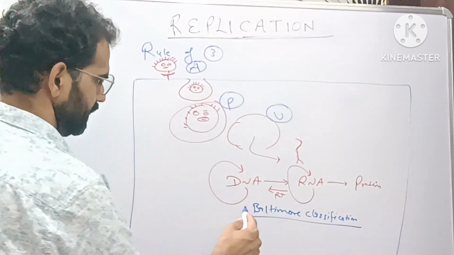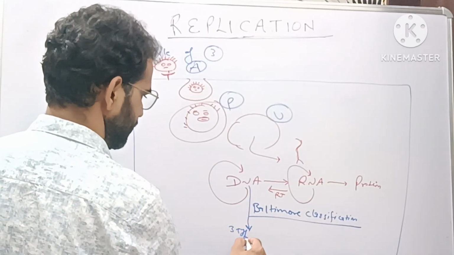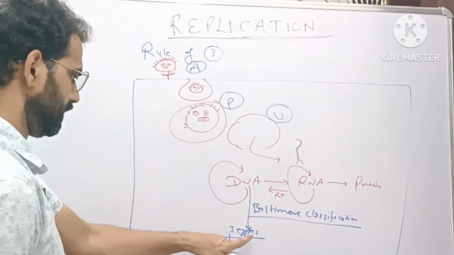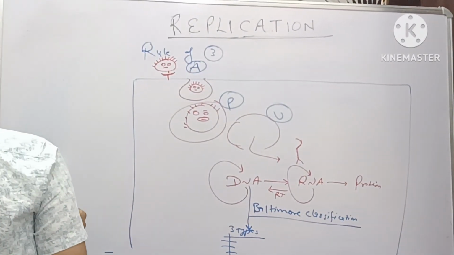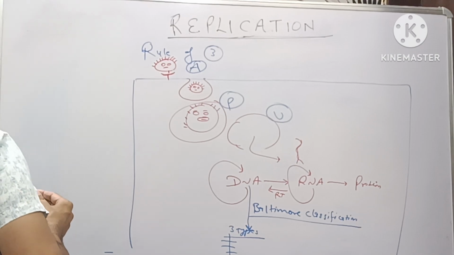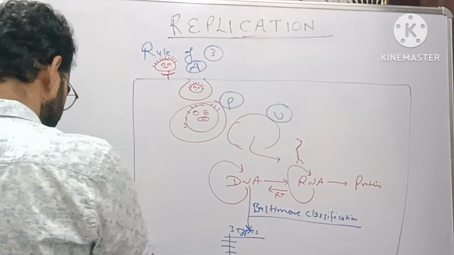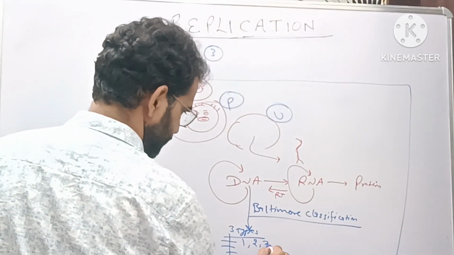So for DNA, we can say there are 3 groups, and these 3 groups are group number 1, 2 and 7.